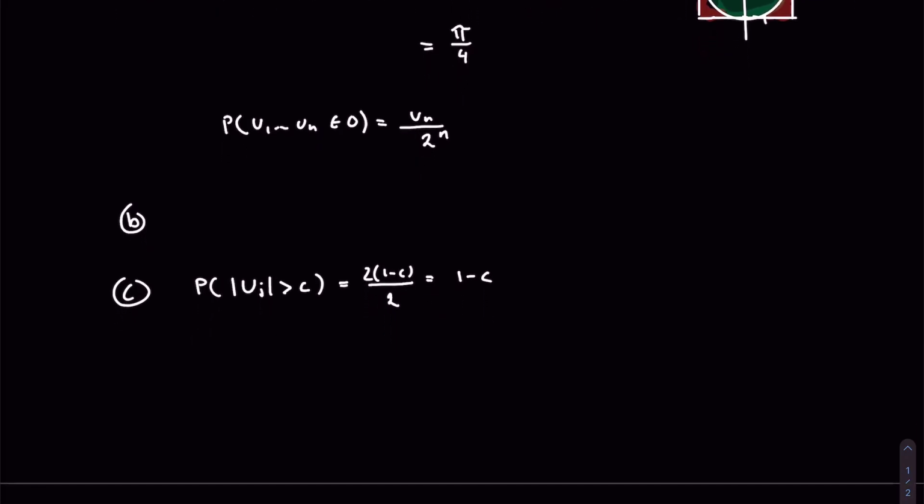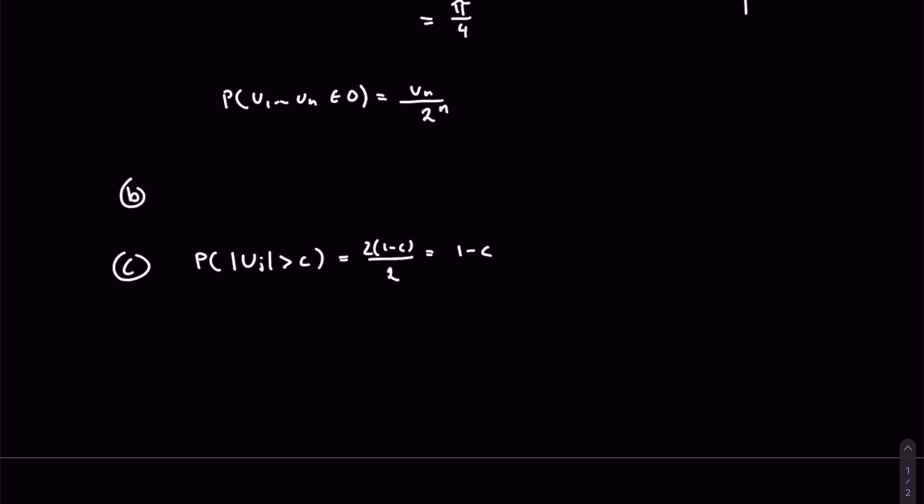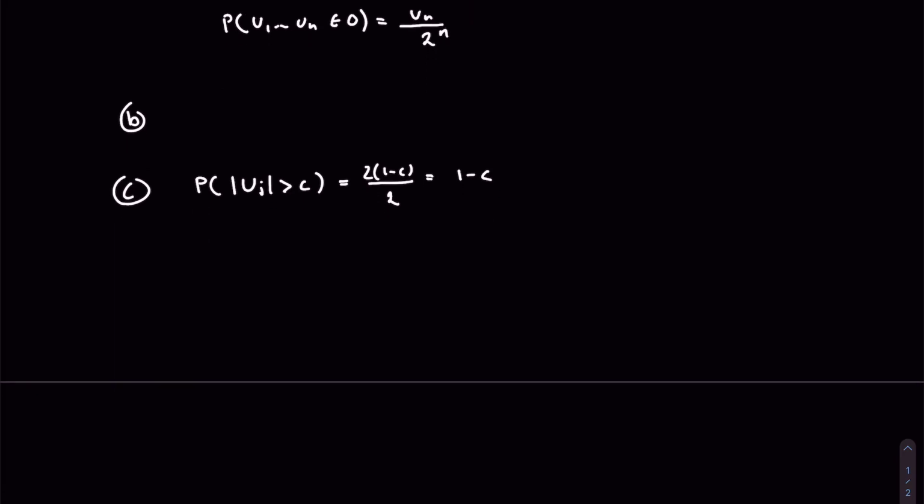Now, because we're looking at the number of u's falling into that region independently, so we're counting the number of ways this can happen, we're really looking at a binomial distribution here. So xn is distributed as binomial with n trials and probability 1 minus c.